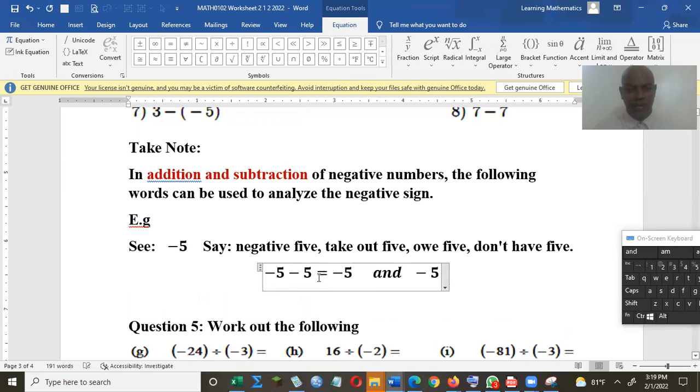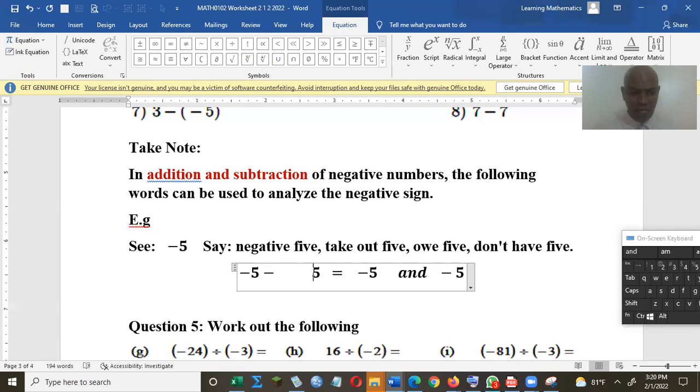Because if you have to separate these two numbers, we see 5 and we see 5 and we have the negative. That negative sign belongs to that 5, and that negative sign belongs to that 5. So if we have to separate those two numbers, we cannot. This will be totally wrong. Please bear that in mind.